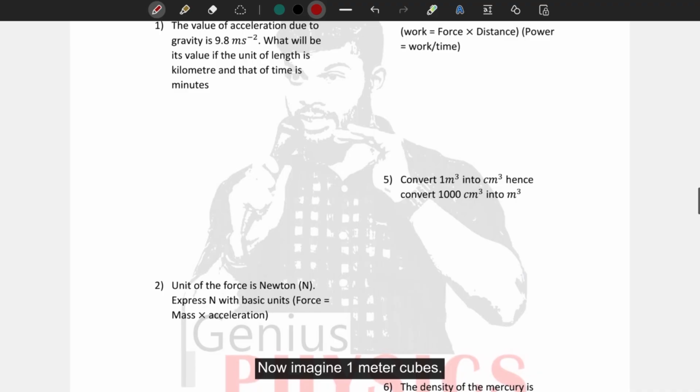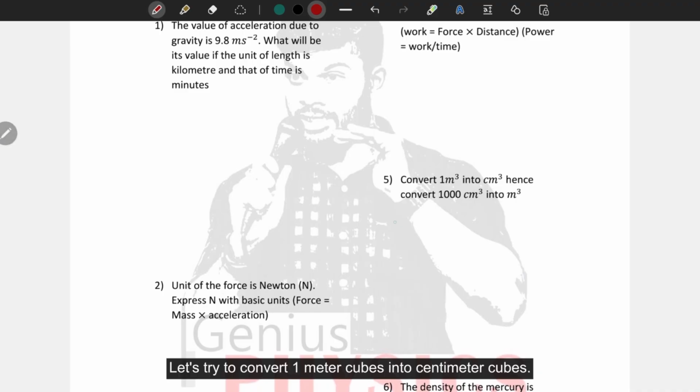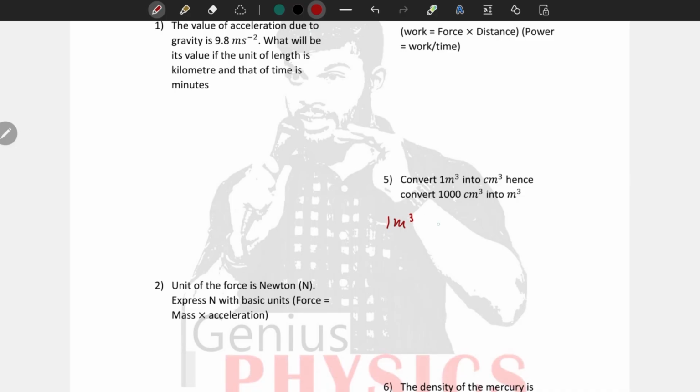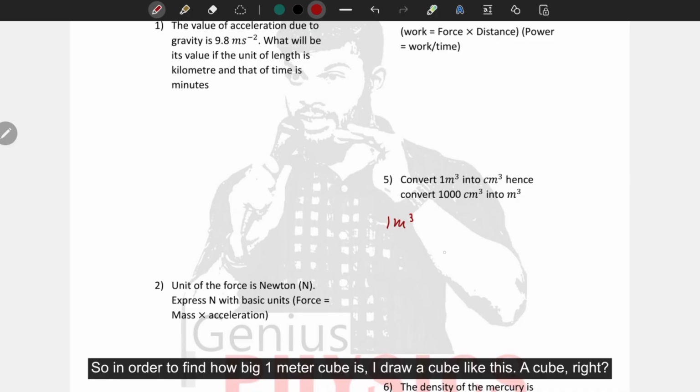Now imagine 1 meter cubed. Let's try to convert 1 meter cubed into centimeter cubed, and you can use this conversion anytime you want. In order to find how big 1 meter cubed is, I draw a cube like this.